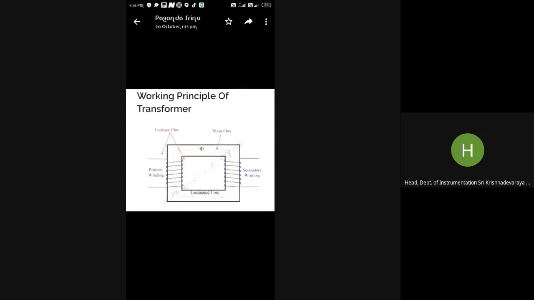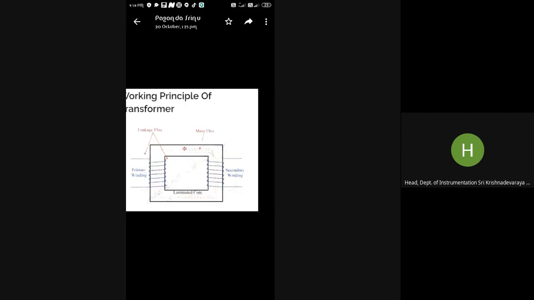According to Faraday's law of electromagnetic induction, this EMF is called mutually induced EMF, and its frequency is the same as the applied EMF. If the secondary winding is closed, then the mutually induced current flows through it, and hence the electrical energy is transferred from one circuit to another circuit.